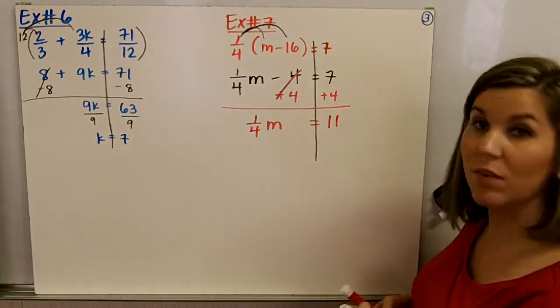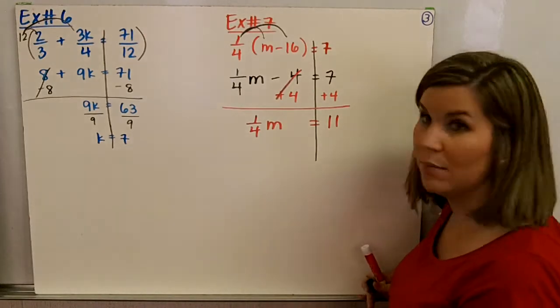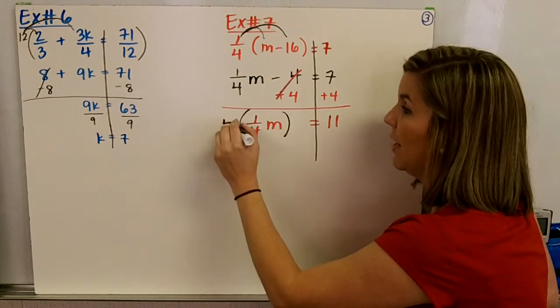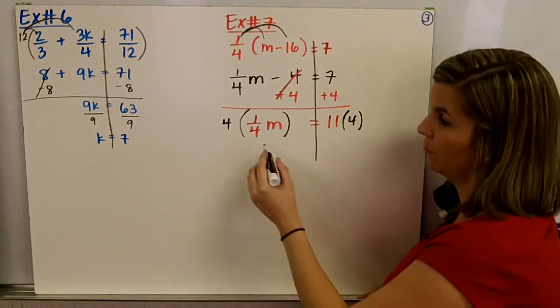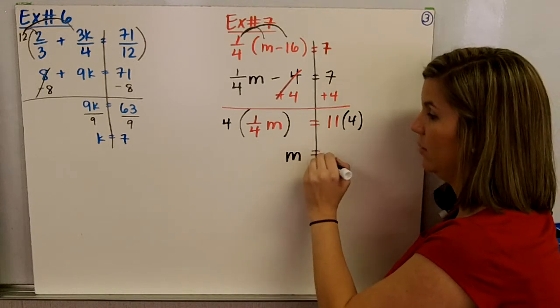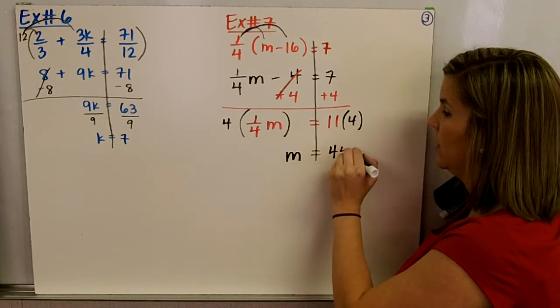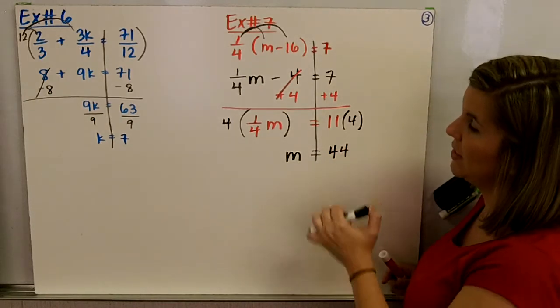The opposite of multiplying by 1/4 would be to divide by 1/4 or multiply by the reciprocal, multiply by 4. So multiply both sides by 4. This gives you 1m, or just m, and 4 times 11 is 44. So m equals 44. And you can plug this in to check.